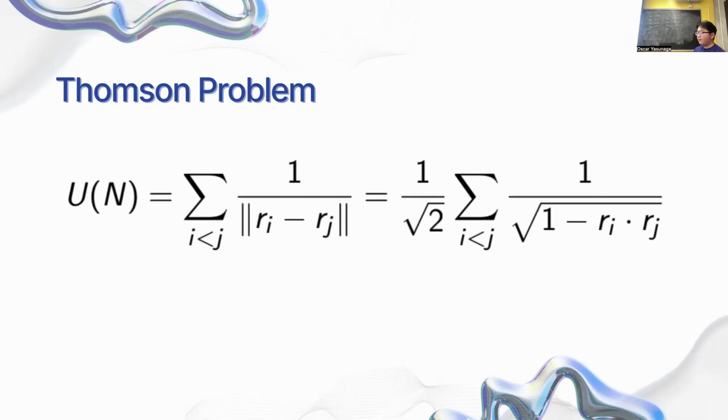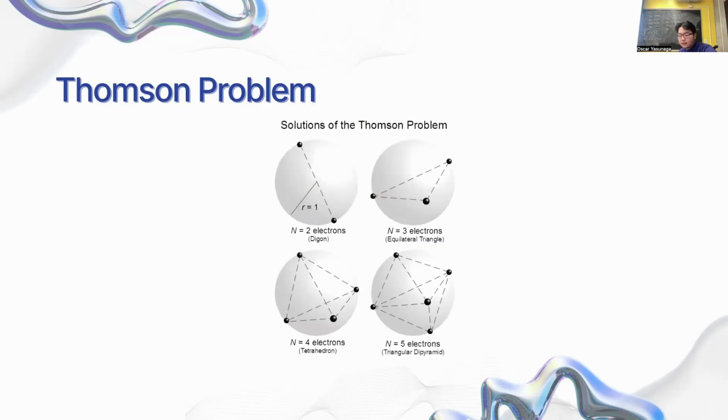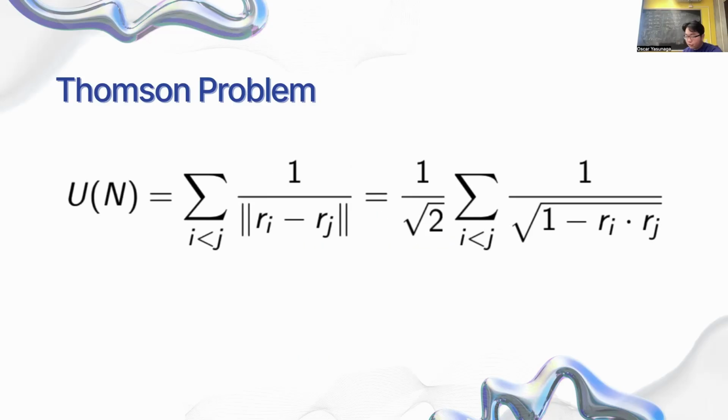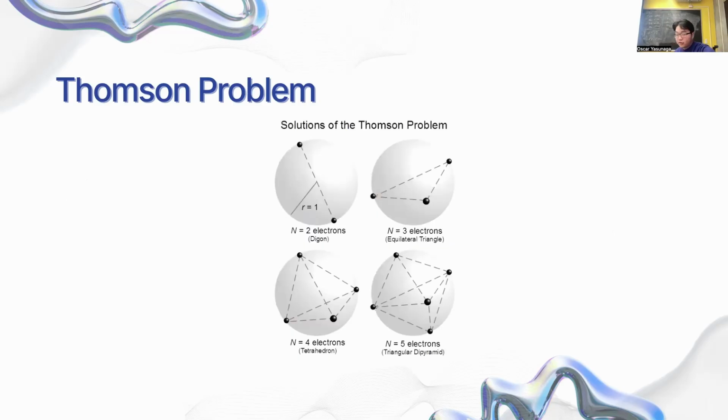The whole thing about the Thomson problem is that you're asking how do you pack the most electrons on a unit sphere such that this loss, or this potential, is minimized. This is well understood, and you can see certain geometries emerge as a result of the Thomson problem.